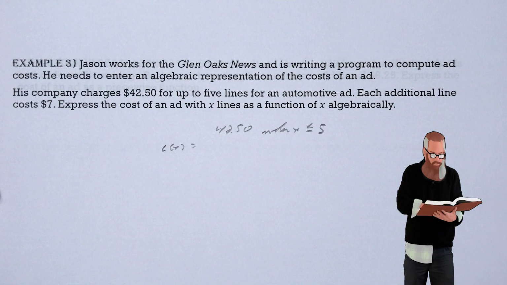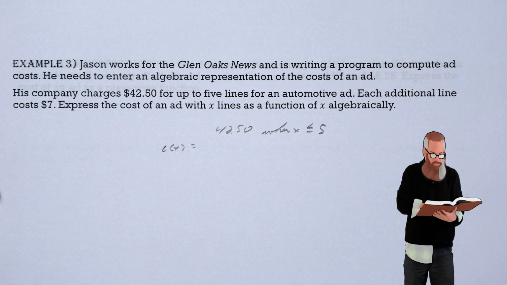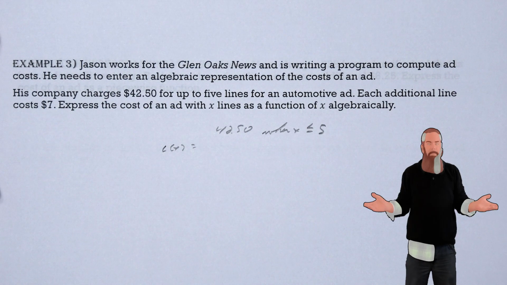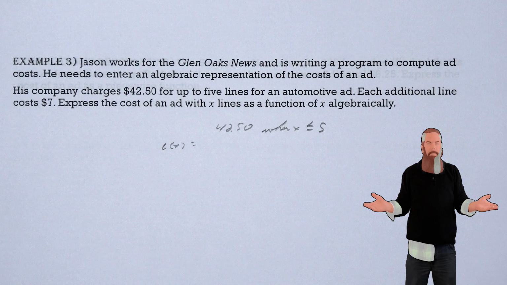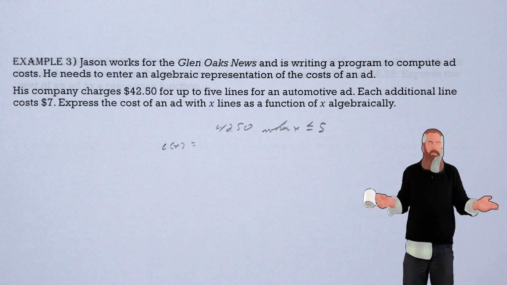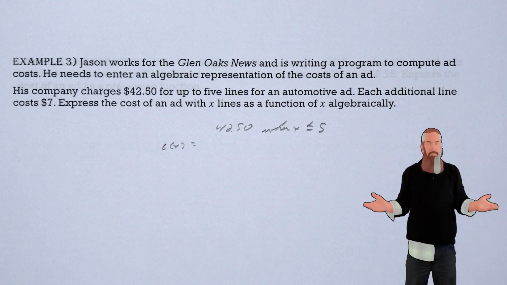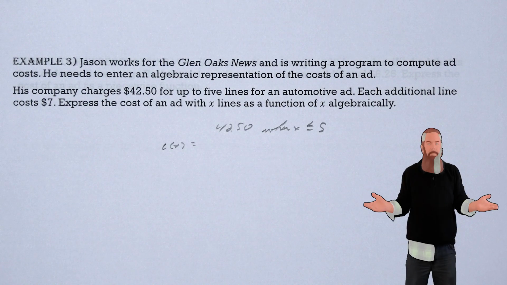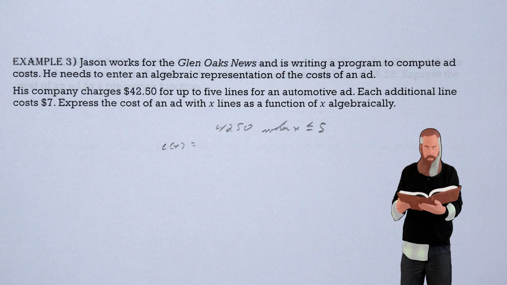Now, if the ad has more than 5 lines, the cost is $42.50, plus the lines over 5 lines. Note that the domain is given by the inequality that follows when in the statement of the function. If X is the number of lines, then the number of lines over 5 can be represented by X minus 5.